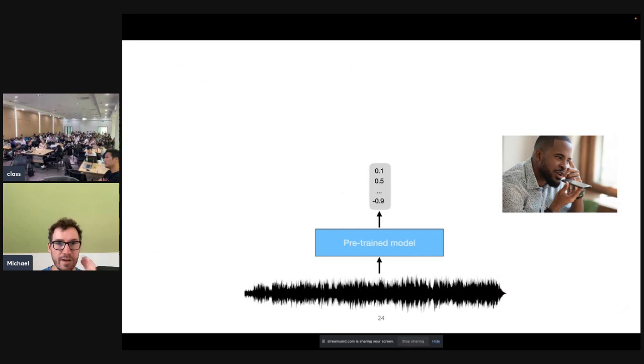So instead, what we can try to do, instead of just relying on these thousands of hours of speech, is to use self-supervised learning to learn from unlabeled data that can then produce a feature representation. And I'm showing this pre-trained model that was produced in self-supervised learning here.